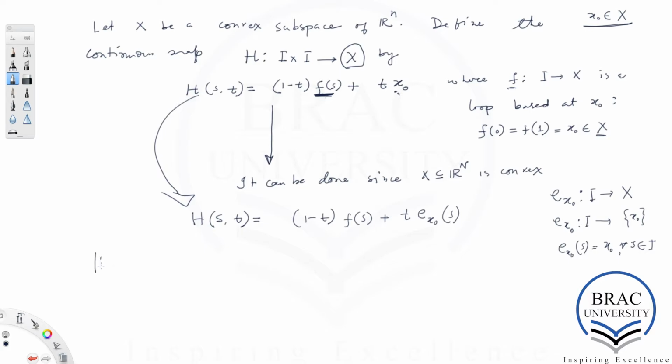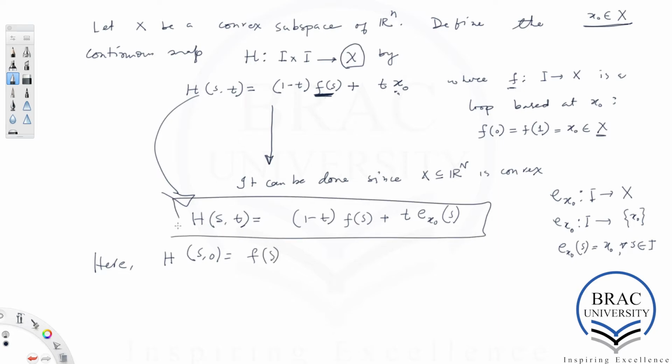Now here we immediately see that H(s, 0) is f(s) from this equation, and H(s, 1) is e_x0(s). H(0, t) is equal to x0 is equal to H(1, t).